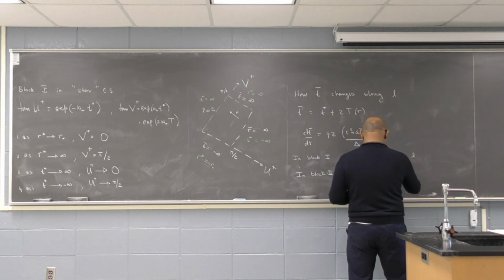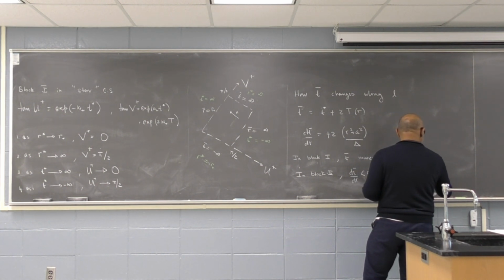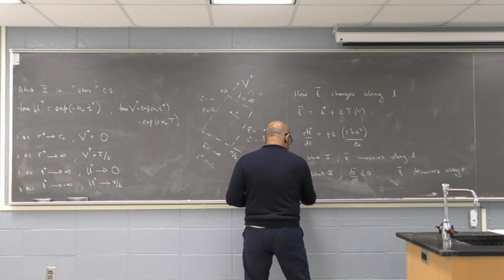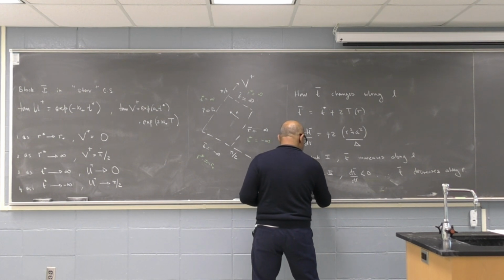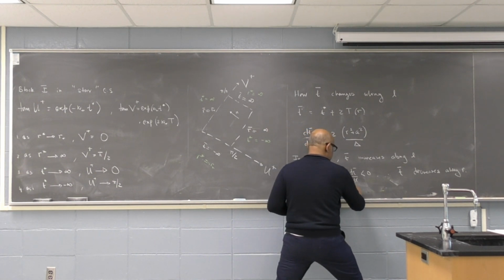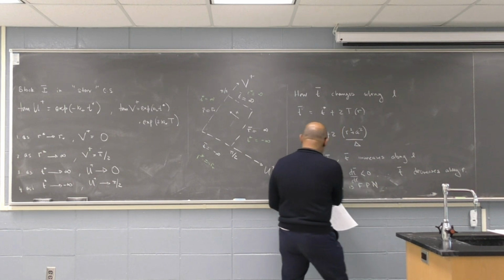Therefore, t bar decreases along r. However, minus L is future pointing null in block 2.